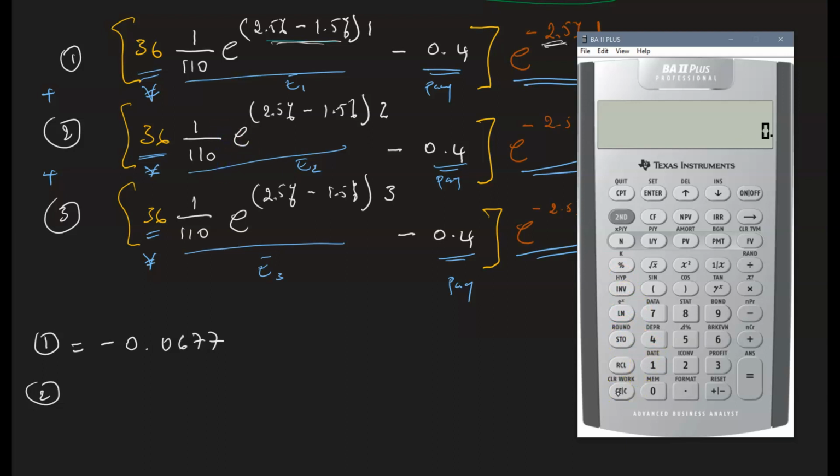Alright, so now we're going to do the same thing, find the exchange rate, multiply by 36. And our exchange rate here is going to be 2.5% minus 1.5%, that's 1%, multiplied by 2 equal, that's 2%, second function exponential, that's that, multiplied by 36 equal, divided by 110 equal, minus 0.4 equal.